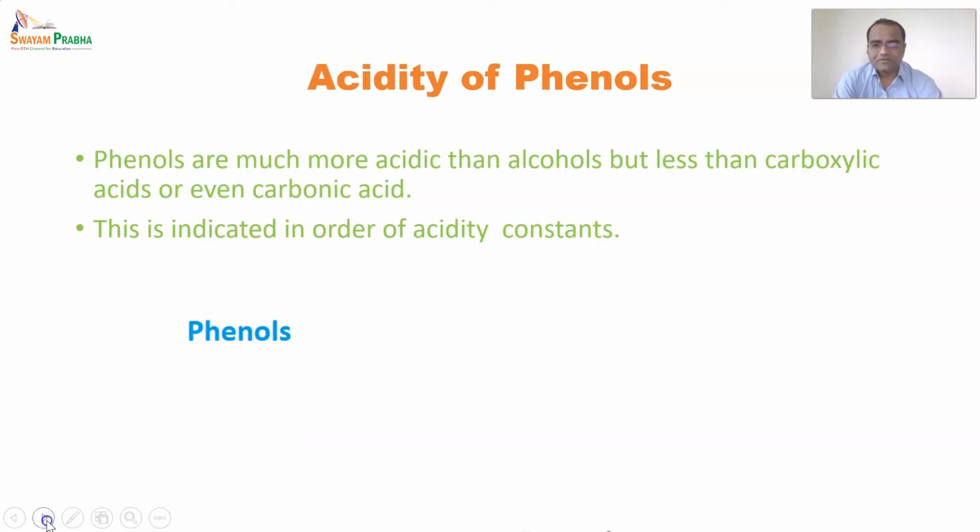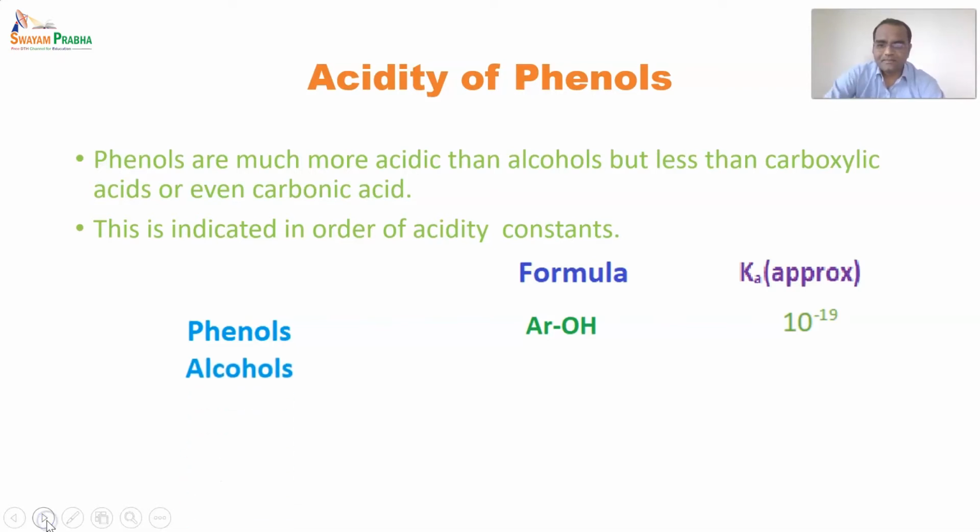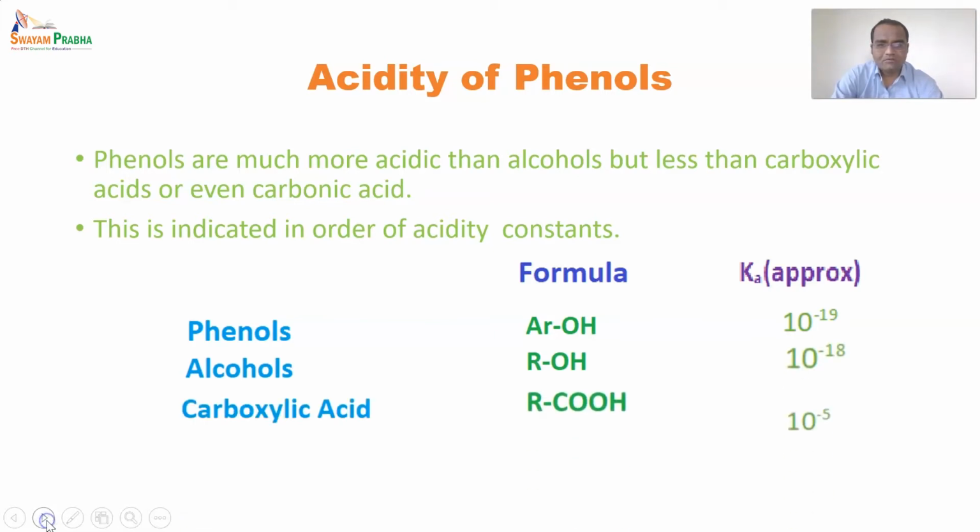The approximate value of Ka for phenol is 10 raised to minus 10. For alcohol, it is 10 raised to minus 18. For carboxylic acid, it is 10 raised to minus 5. For carbonic acid, it is 10 raised to minus 7.